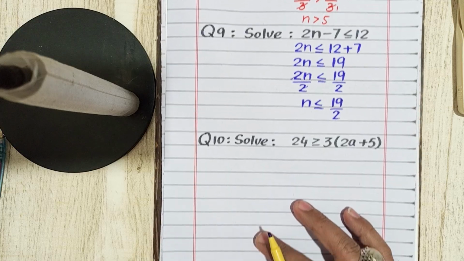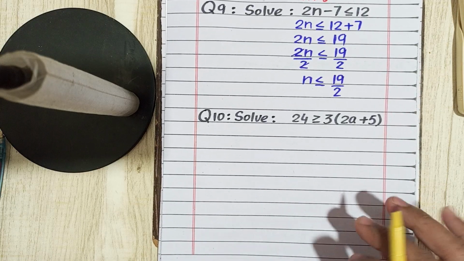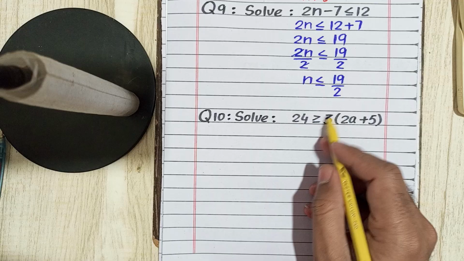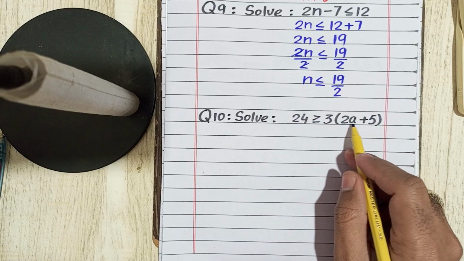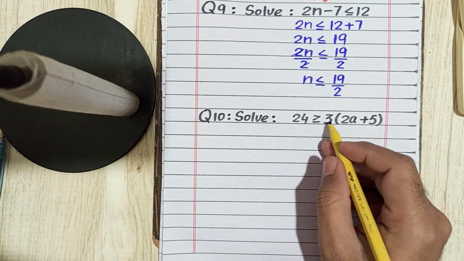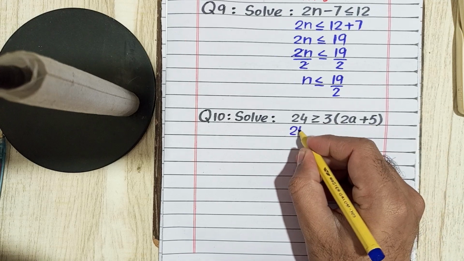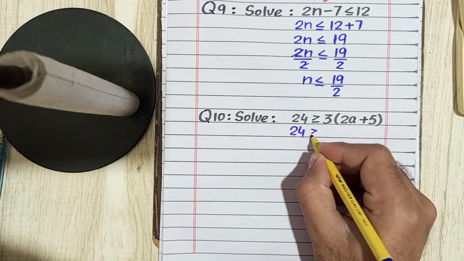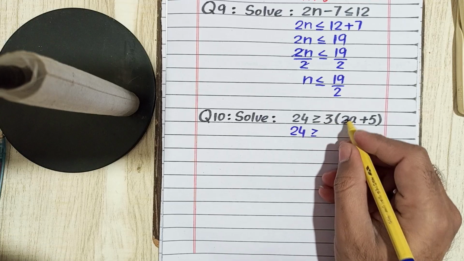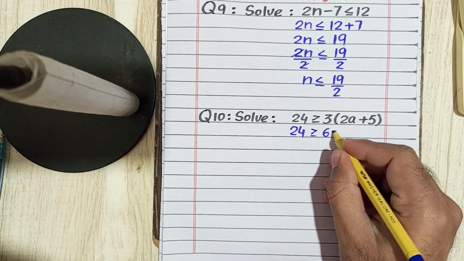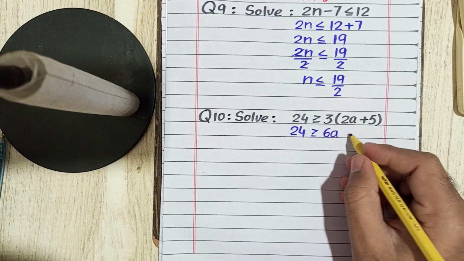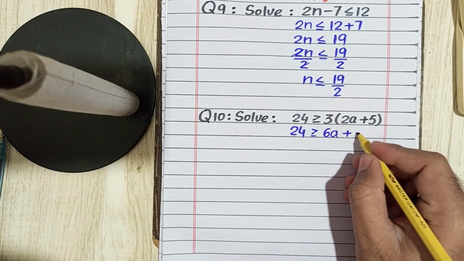Now our next question, 10. In question 10 we have 24 greater than or equal to 3 times (2a plus 5). So first of all we multiply with 3 on both sides. If we multiply 3 with 2 then we have 6a, and 3 times 5 is 15.